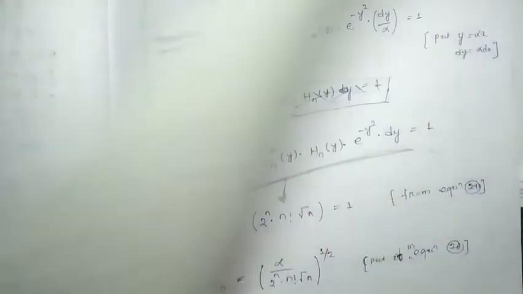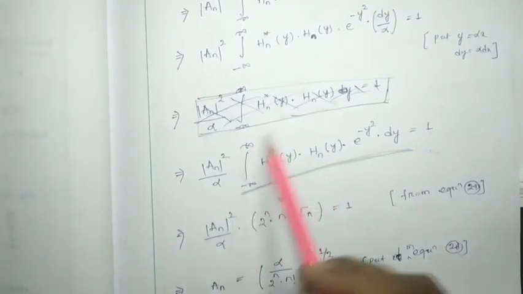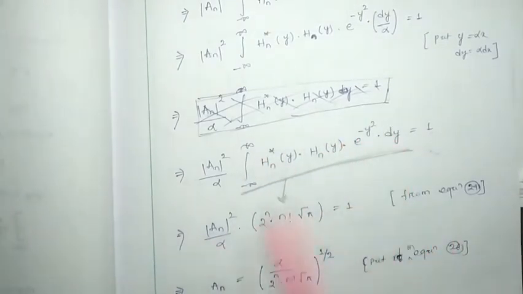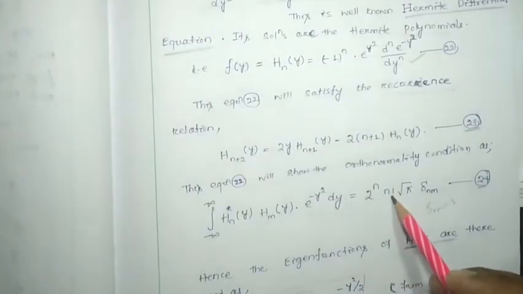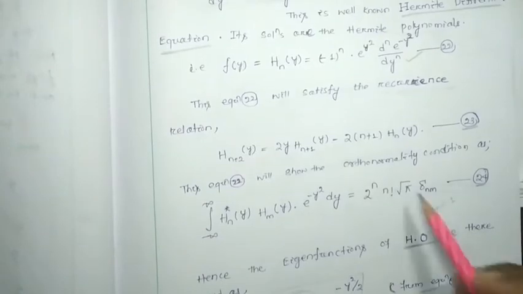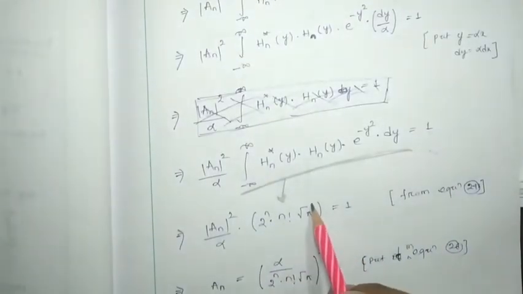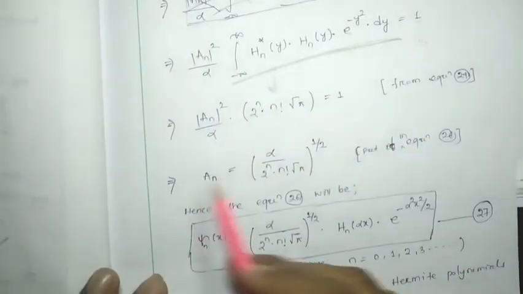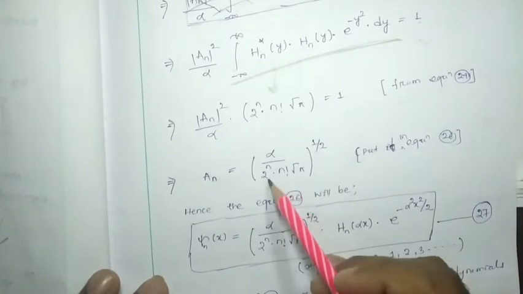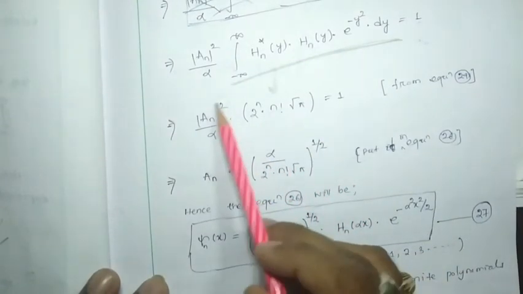So by using equation number 24, this value will be 2 to the power n into n factorial into root over pi. So mod An square by alpha times this equals 1, and An will be equal to alpha by 2 to the power n n factorial root over pi, whole to the power 1 by 2.